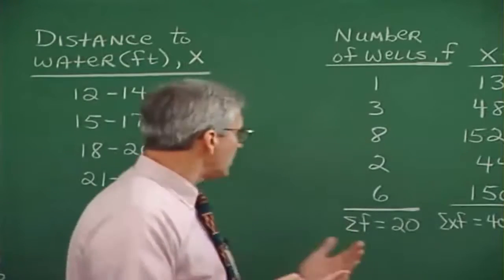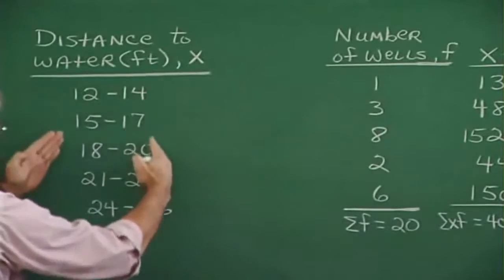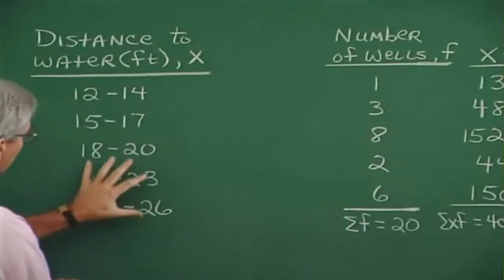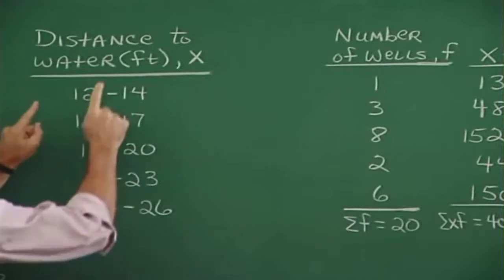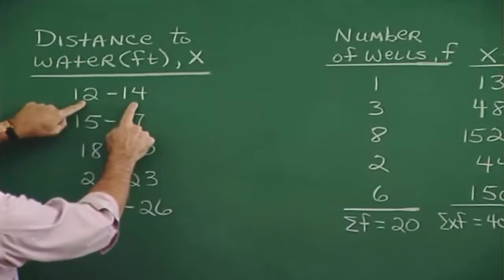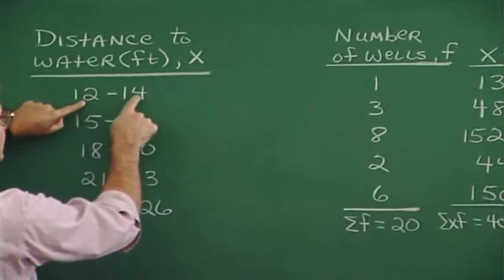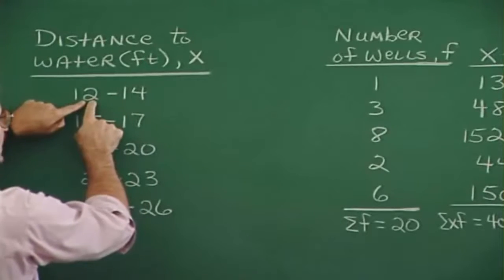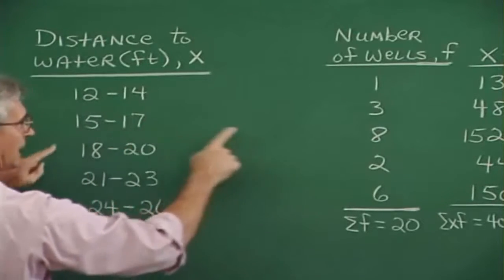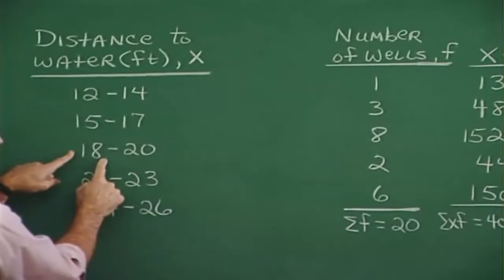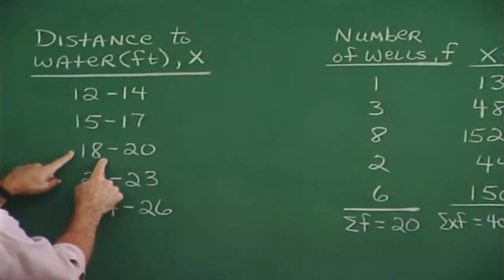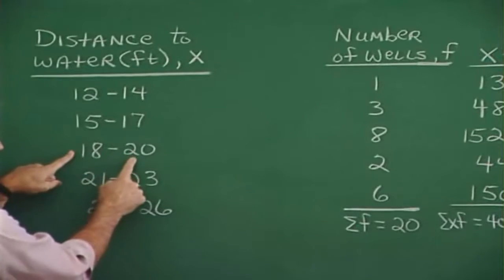So how are we going to add these x's? Well, there's not any single number here, and the actual depth of these wells is a variable amount between 12 and 14. It might be 12.3. The ones that fall in here, 8 wells fall into this category, but one of them might be 18.1 feet, another might be 19.2 feet.